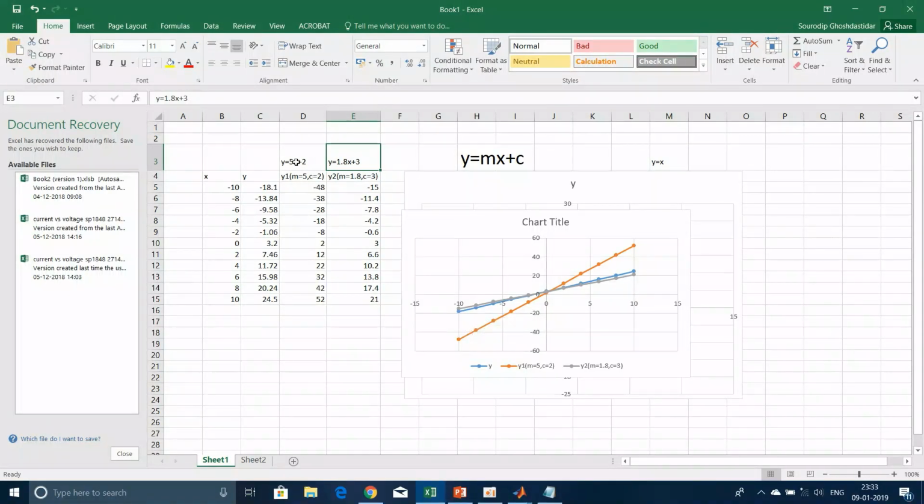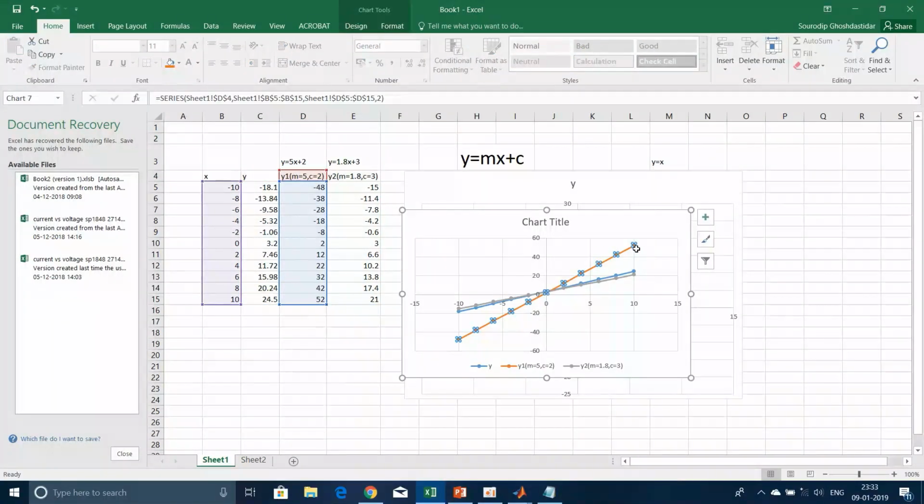But how did we get from m is equal to 5 and c is equal to 2, which is a very bad fit, to m is equal to 1.8 and c is equal to 3, which is a much better fit? In the case of m is equal to 5 and c is equal to 2, the difference between the experimental and the model data is large.